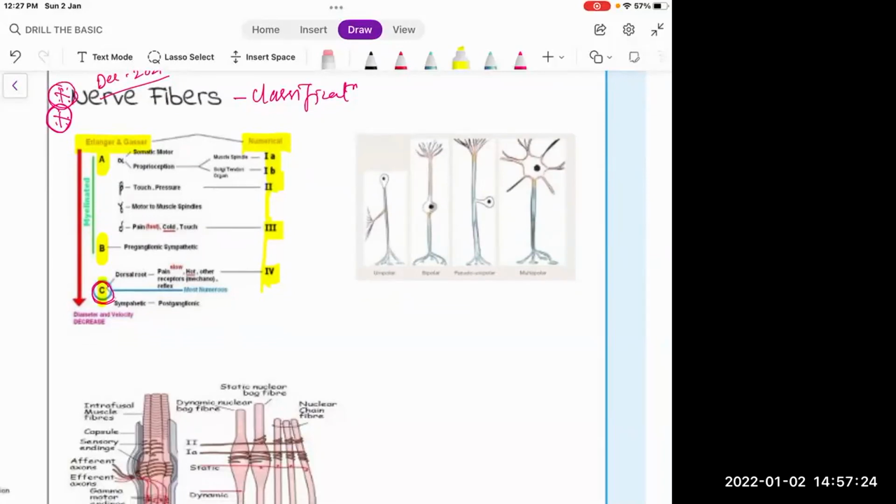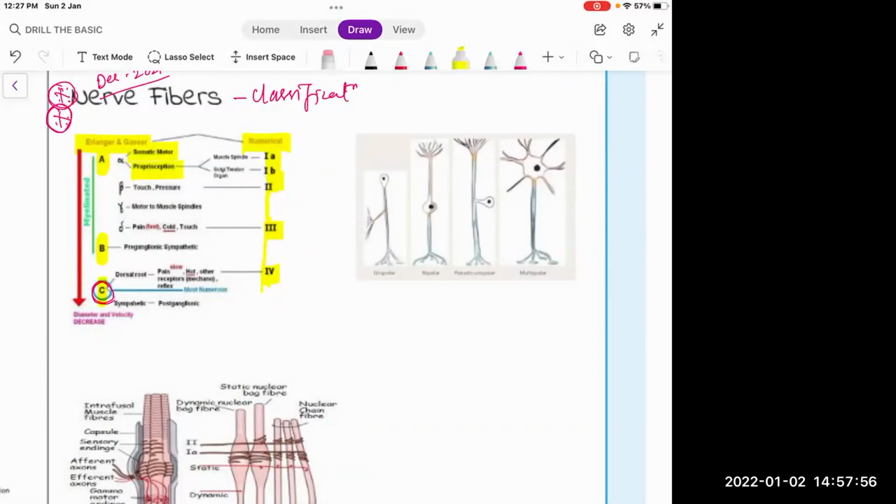They have classified type A, type B and type C fibers. Type A fibers are further classified into A alpha, A beta, gamma and delta. A alpha fibers are meant for somatic motor neurons and for proprioception.